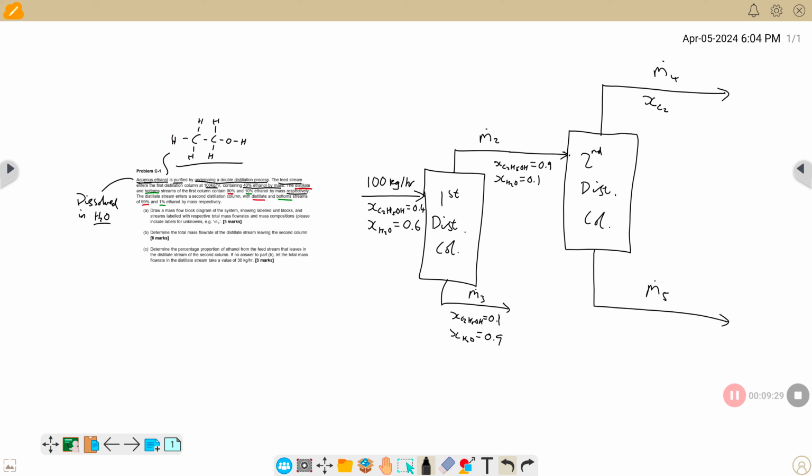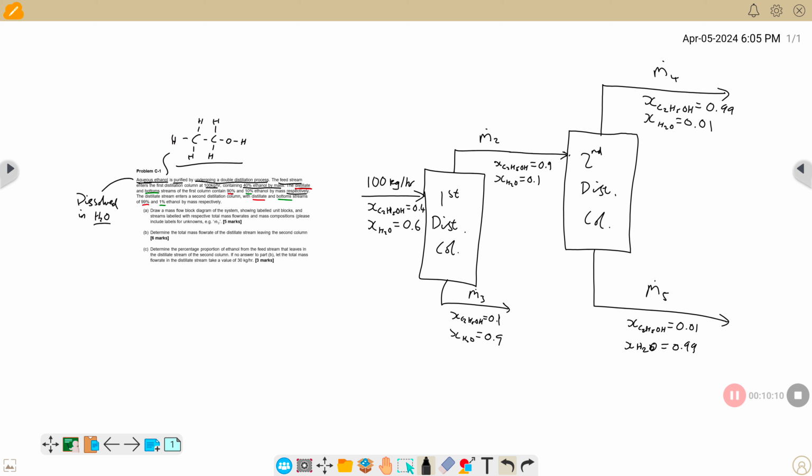X C2H5OH equals 0.99 because it says 99% is ethanol in the distillate stream of the second column, and then that will be 1%. And then down here, 1% ethanol by mass in the bottom stream, so we'd say X C2H5OH equals 0.01, and then the water is 99%.